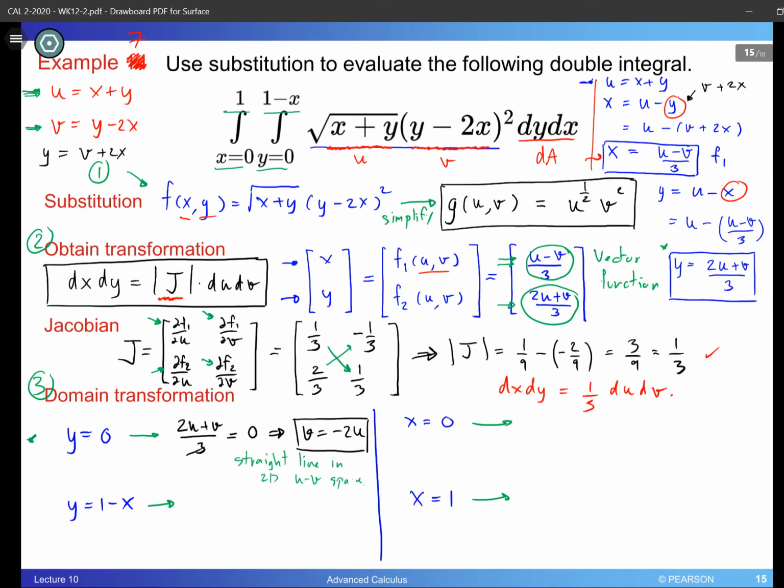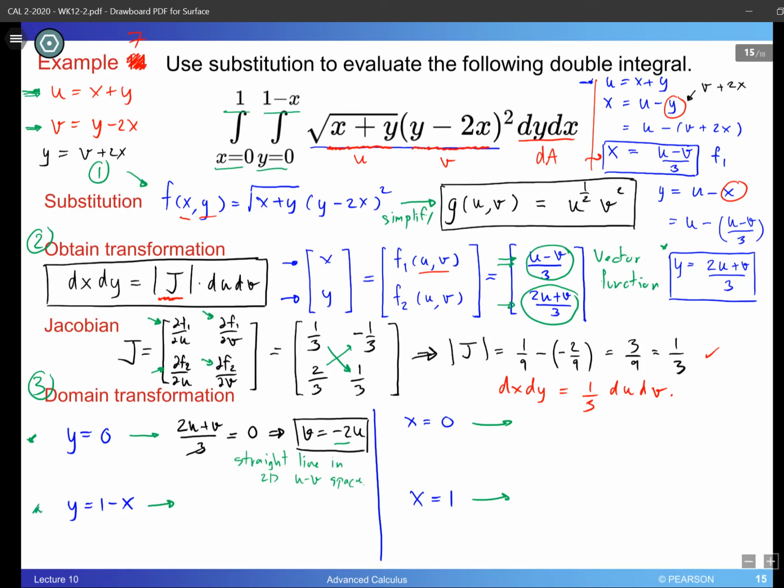And as you can see, this is going to be a straight line with a slope of minus 2, with u as a horizontal axis and v as vertical axis. And we are going to see the shape of that later. So let's keep that in mind, that this is no longer a constant. This is a line instead. All right, let's work on this second one.